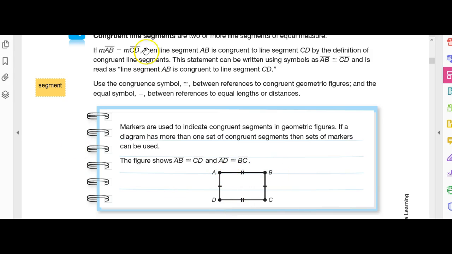So because the location is different, I can't say that they're equal. I would never say, let me try to write this out, it would be wrong if I said segment AB is equal to segment DC.